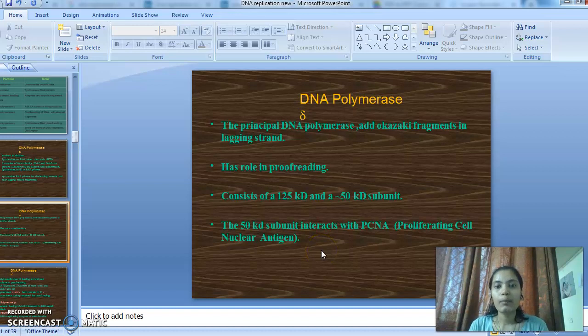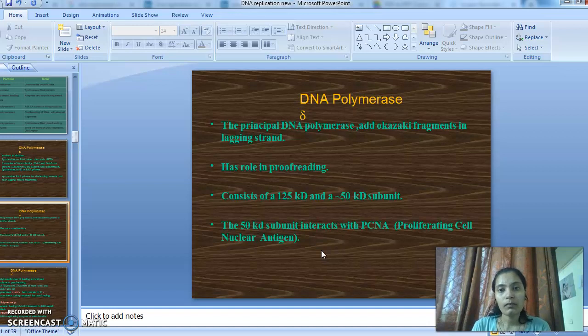Then you have DNA polymerase delta, which is the polymerase on the lagging strand. Now if you see the DNA, there are two strands, one is 3' to 5' and the other is 5' to 3'. The leading strand is the one wherein the DNA bases are added continuously, because the addition of DNA bases takes place from the 5' end to the 3' end.